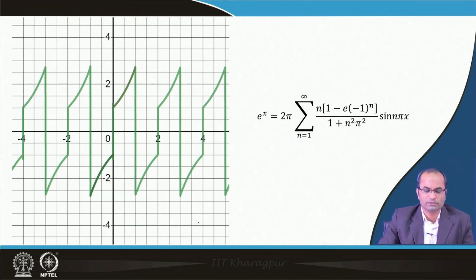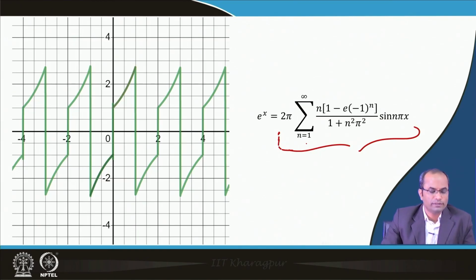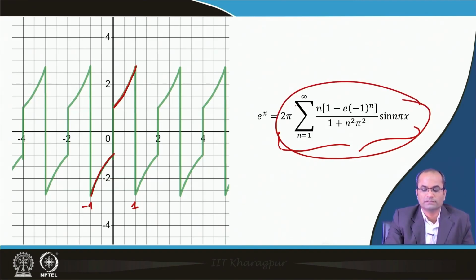Just to plot this, this is the sine series we have just evaluated and constructed. This was our function e power x, and you remember the extension was done such that as a whole, from -1 to 1, the function becomes an odd function. Now, if we plot this sine series for the whole range of R, we will have this structure again, and it will converge to something like this.